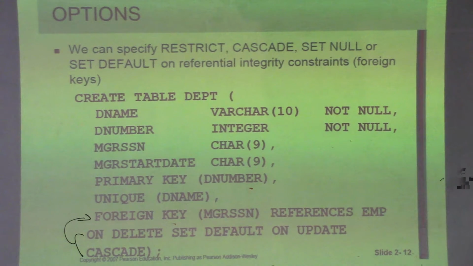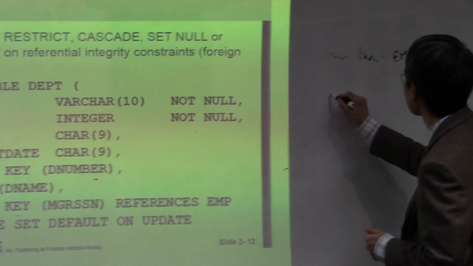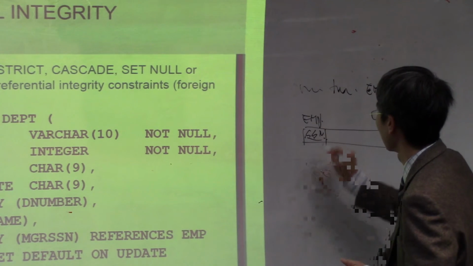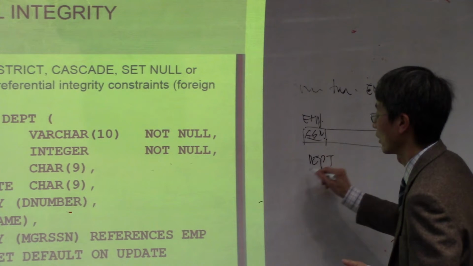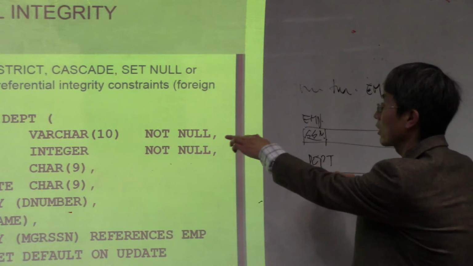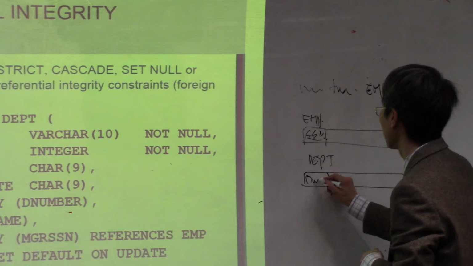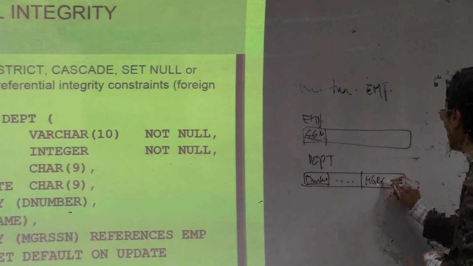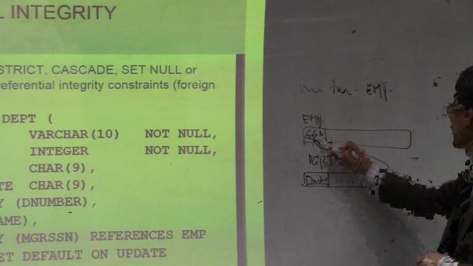So if I draw the diagram for this, this is DPT. This is not an ER diagram, it's a relational schema diagram. Employee has the SSN and DPT. The primary key is the D number, and this is the MGR, manager social security number, which depends on this.